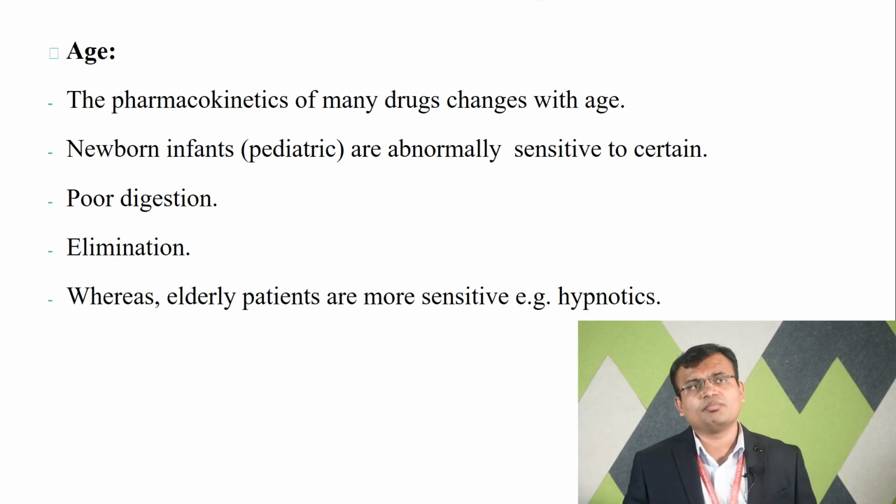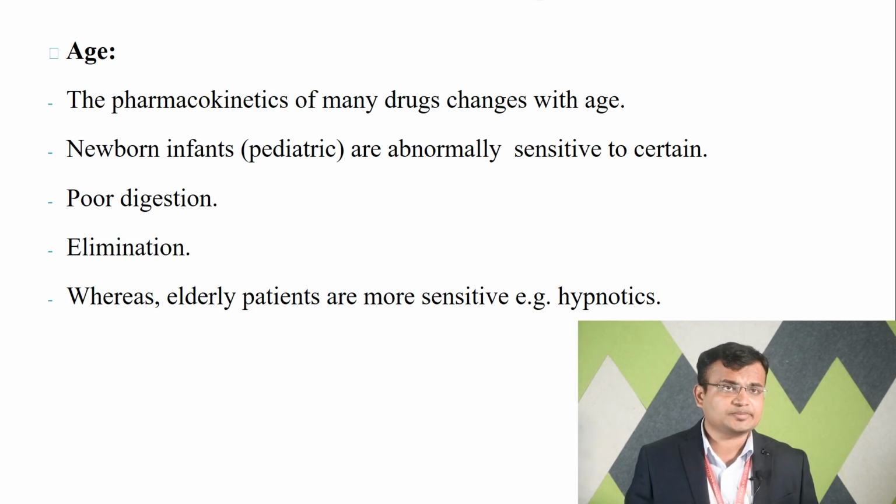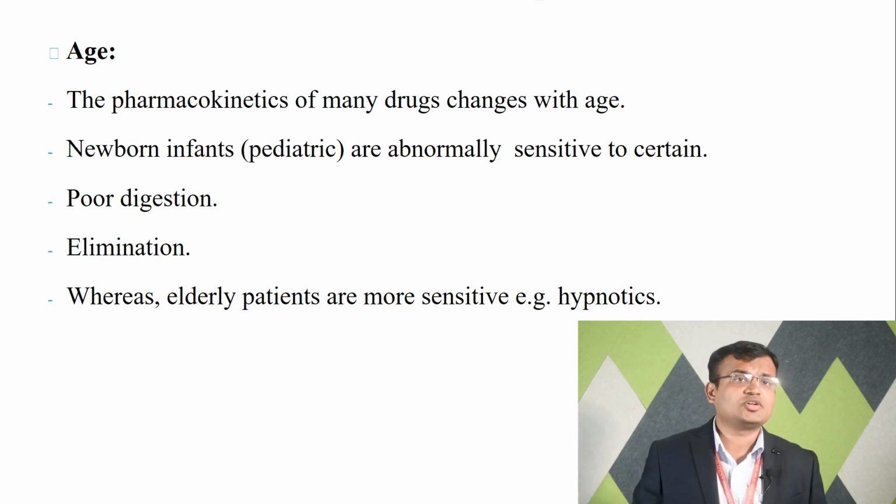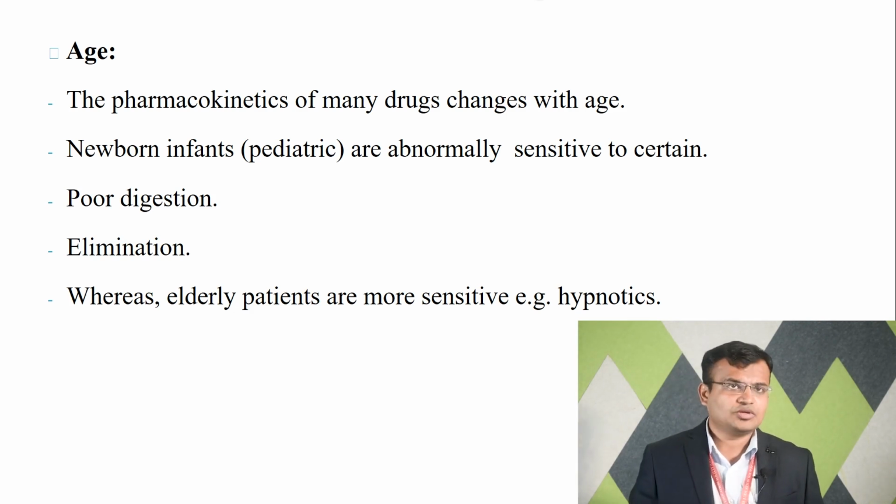Similarly, when we compare the pharmacokinetic parameters, for adults the dose regimens are totally different because the whole system, the digestive system along with the enzyme system, is fully active. On the contrary, elderly patients are quite sensitive to different types of drugs.